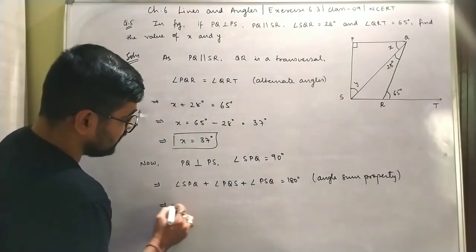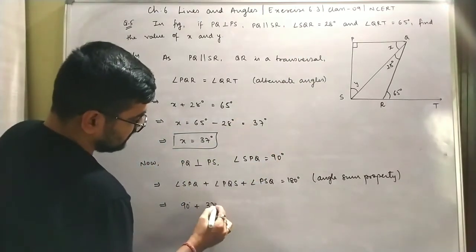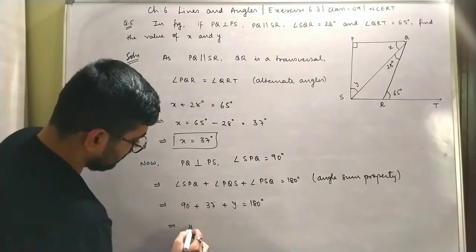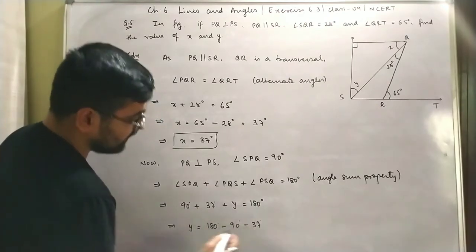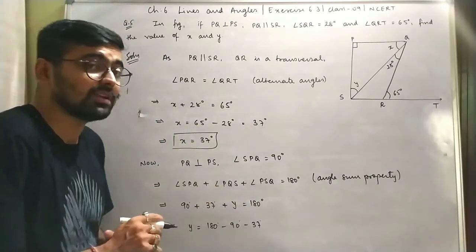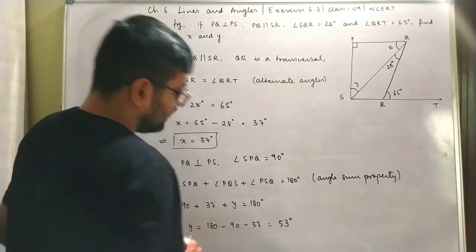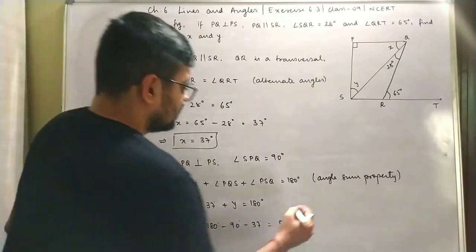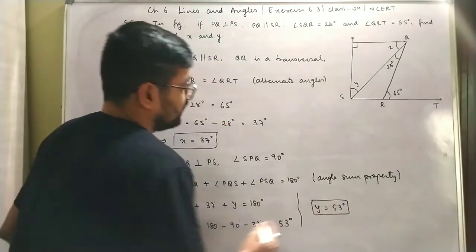So I know SPQ is 90, angle PQS is x, which is 37. I want to find y, 180. So what will be y? 180 minus 90 minus 37. 180 minus 90 is 90. 90 minus 37: 90 minus 30 is 60, 60 minus 7 is 53 degrees. So I got y equals 53 degrees and x equals 37. My y value is 53 degrees.